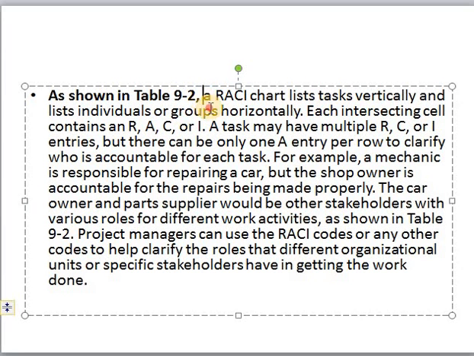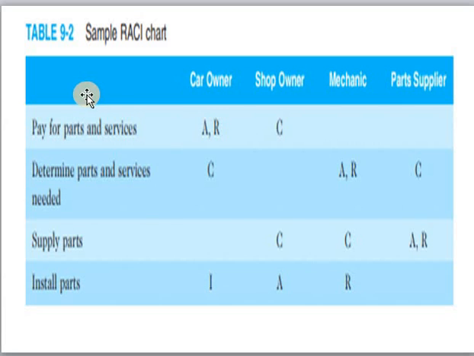So a RACI chart lists tasks vertically and lists individuals or groups horizontally, as we can see in a table. So we can see that this chart lists the activities vertically and the roles horizontally. And for each task, the person will be mentioned as the accountable, responsible, or the consultant.